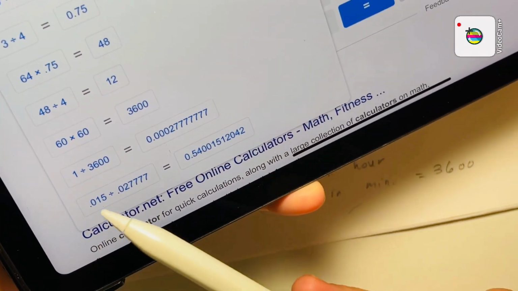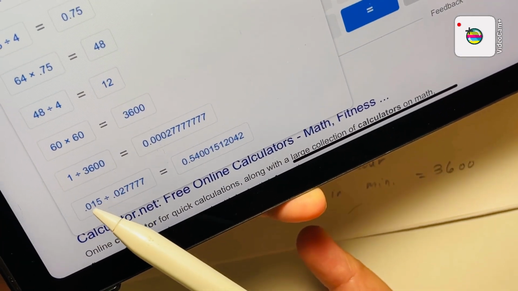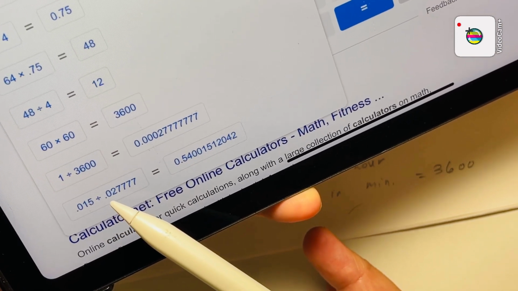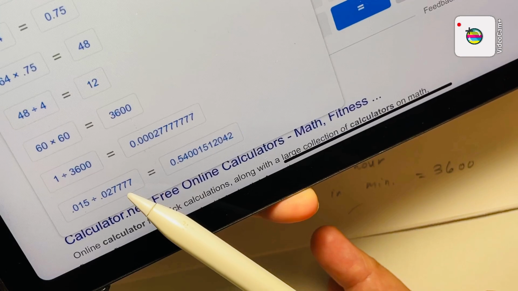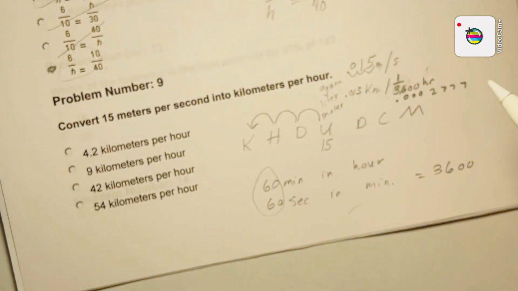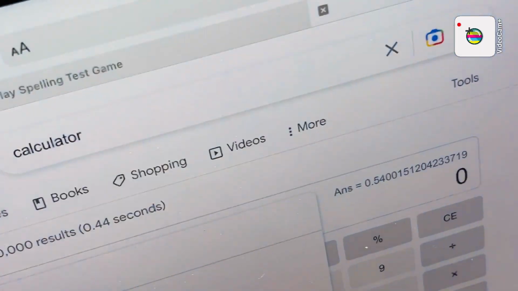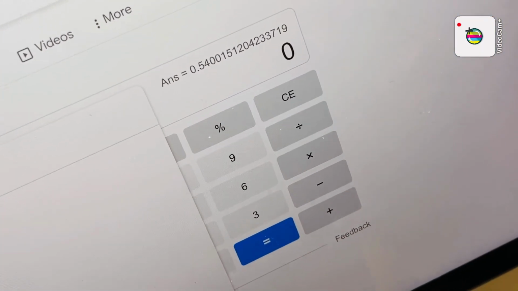Well, looking back at my history, I can see where I made a mistake. I divided the 0.015 kilometers by 0.02777 when it was 0.0002. So, anyway, let's try that again.